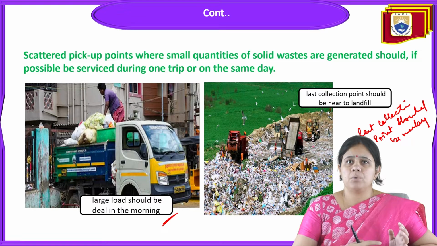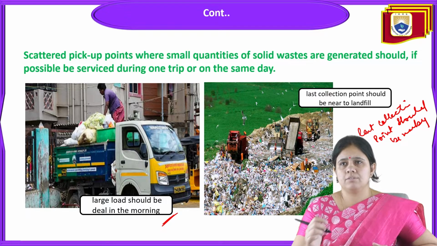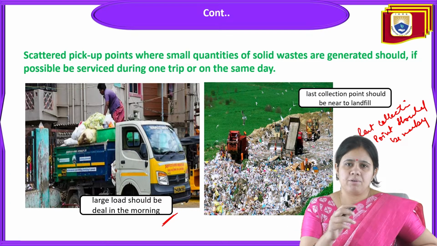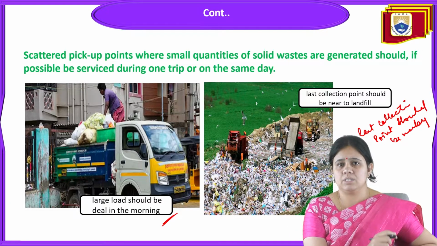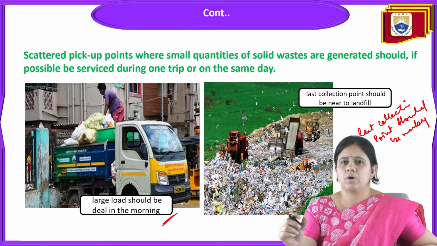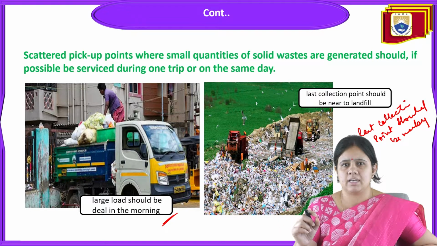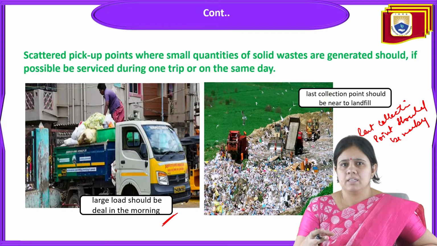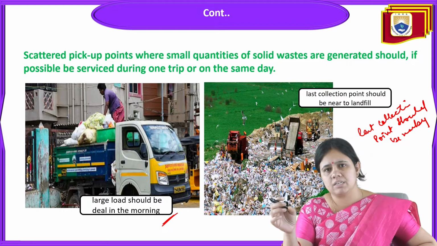So scattered points where small quantities of solid waste are generated should, if possible, be serviced during one trip on the same day. If you plan a route like that, scattered small quantities of solid waste points should be serviced during one trip or on the same day, by these people at the same point.